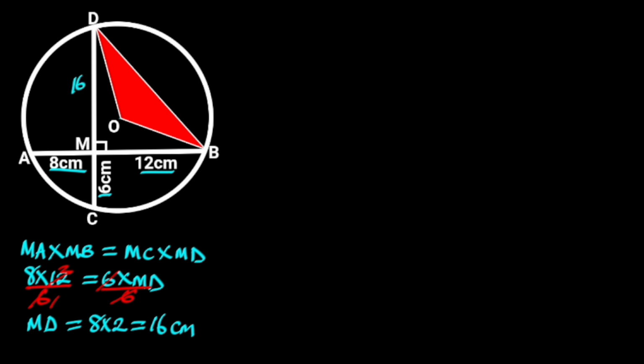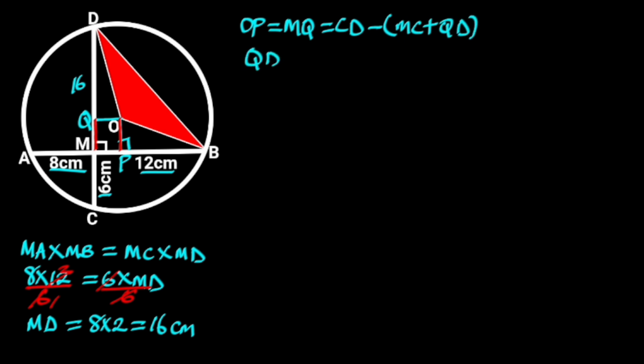Next, let's draw perpendicular lines from O to MB and also from O to MD. Let's call the points of intersection P and Q. Observe that OP equals MQ, which is equal to CD minus MC plus QD. But QD equals CD divided by 2.